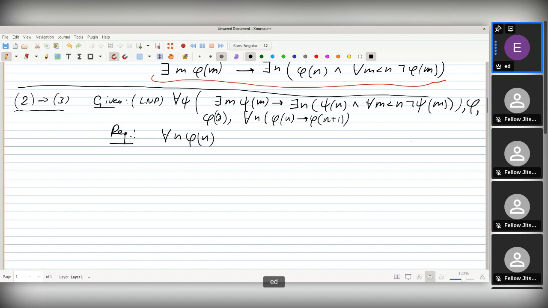I will assume for the sake of contradiction that it is not the case that for every n, phi of n holds. And given this assumption, now it suffices to get a contradiction. Is this idea clear?